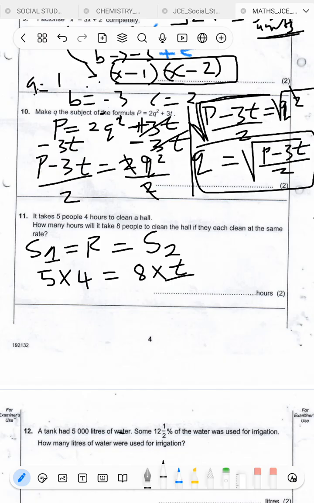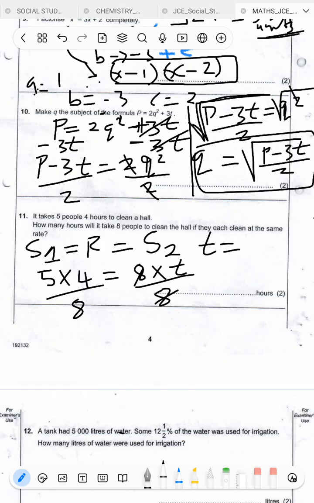Then we solve for t by dividing by 8. Therefore t is equal to 5 times 4, that's 20, divided by 8, that's 2.5.